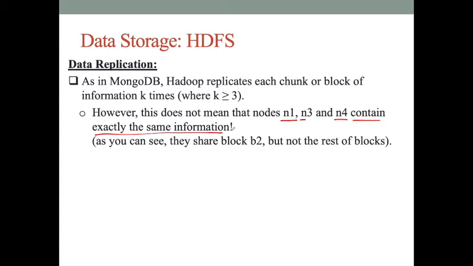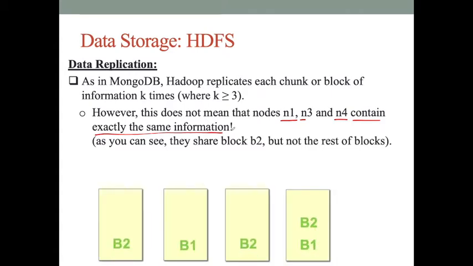Here, no. In the Hadoop distributed file system, we distribute the data, but we are not going to have exact copies of the information, because what we distribute and replicate are the blocks. And then we can start playing with that information. That's something really important.